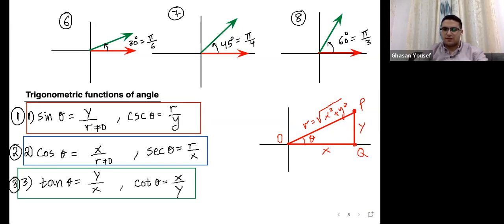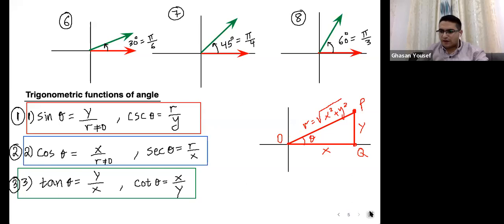I mean, in the standard position, the initial side is on the positive x-axis, and the terminal side is in the first quadrant. And you should know the vertex is at (0, 0).